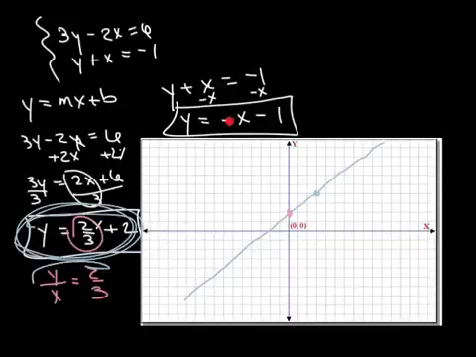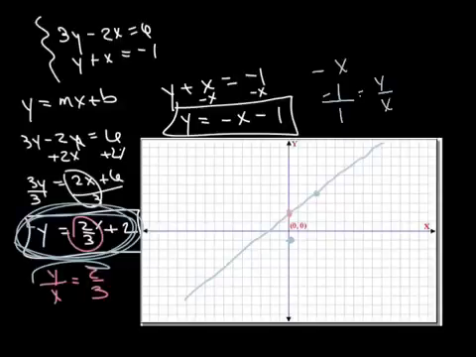Alright, so let's draw a line of this equation. My y-intercept is negative 1, it crosses y at negative 1, and my slope is negative 1, because it's negative x, and to make that a fraction, I put it over 1, so that now I have a y over x.